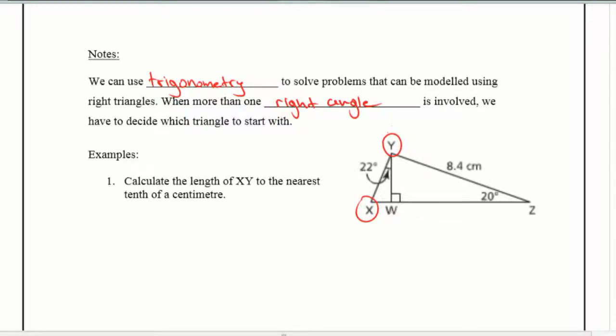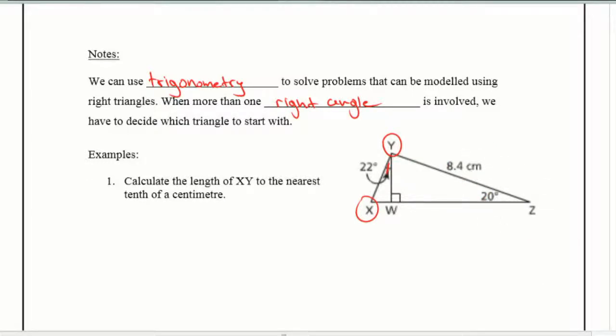I have one angle here, 22 degrees, but no more information for this triangle. But over here, I have another triangle where I have an angle and a side length, so I can use those 2 pieces of information to find everything missing.